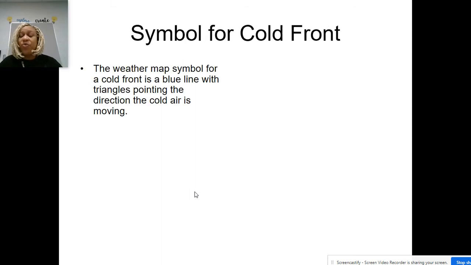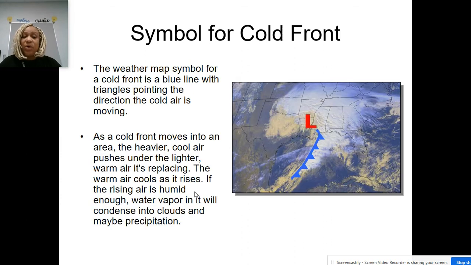You would want to know the symbol for a cold front because you will see it again. The weather map symbol for a cold front is a blue line with triangles pointing in the direction the cold air is moving. So if you look right here, this is your cold front, and those triangles are pointing in the direction that the cold front is going.